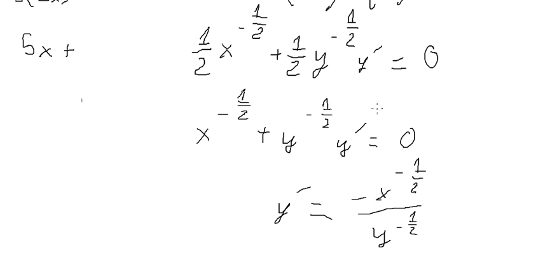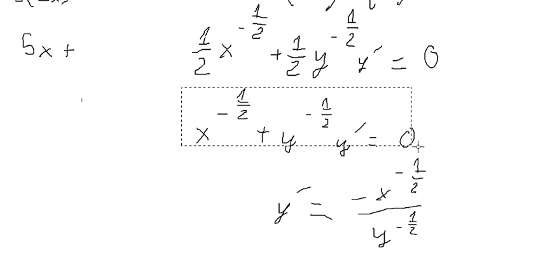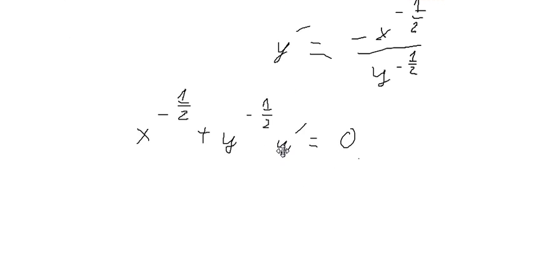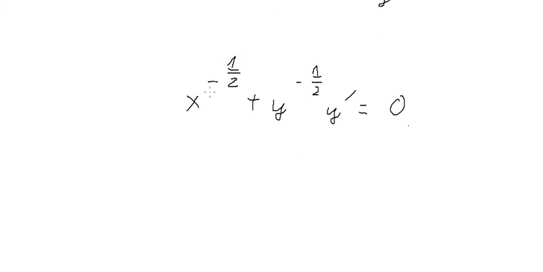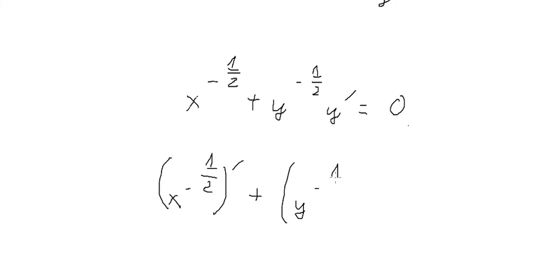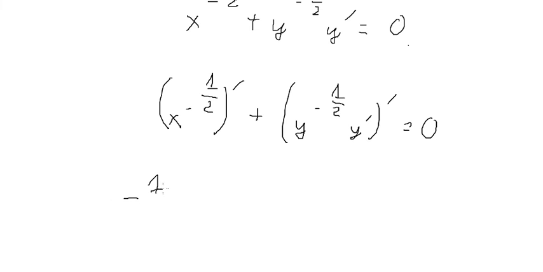Now, I will use this equation in here. So we do the first derivative for both sides again. This one we get negative 1 over 2 x to the power of negative 1 over 2 minus 1 again, and you get negative 3 over 2.